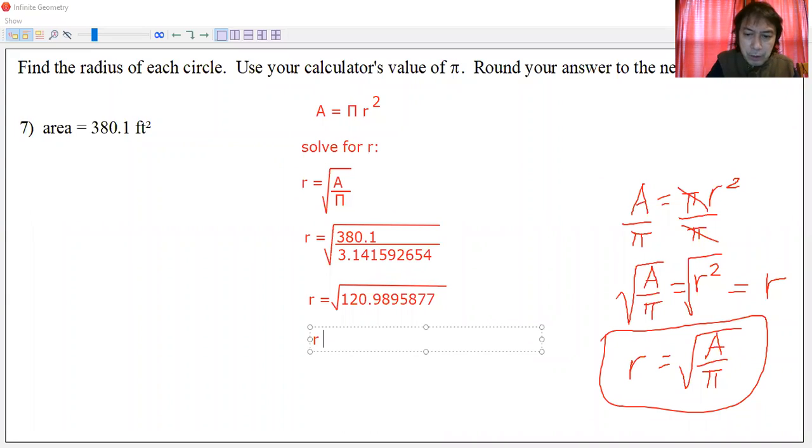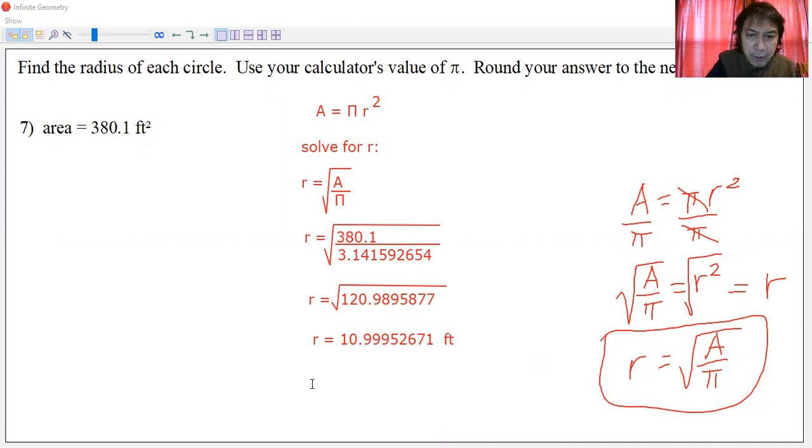All right, r is equal to, this is now the final answer. Square root of that is 10.99952671. There. And this will have to be in feet, unit of length, of course.